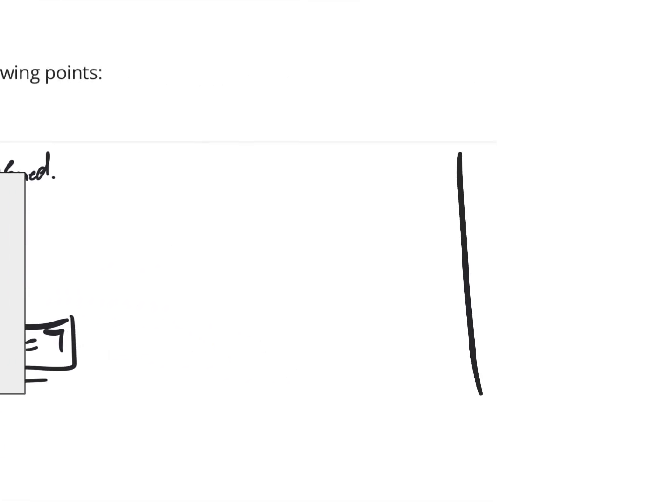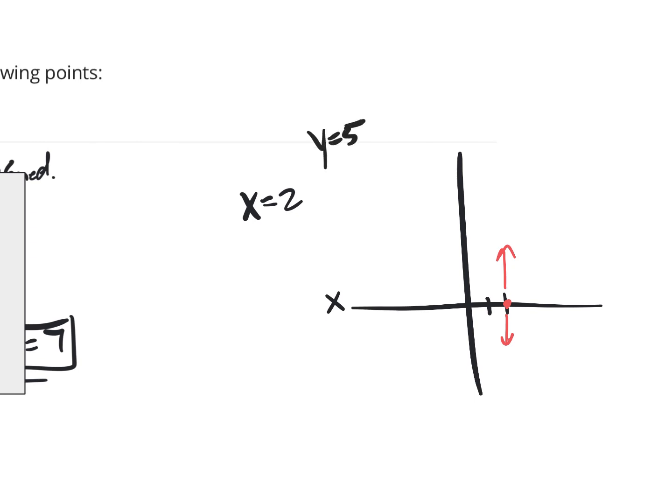The fact is, anytime I tell you to graph, like let's say x equals 2, x equals 2 will always be a vertical line. So you go to the x-axis, you go to the value of 2, you put a dot right there on the x, and it will be a vertical line running up and down, okay? If I told you graph the equation, let's say y equals 5, what does the equation y equals 5 look like?